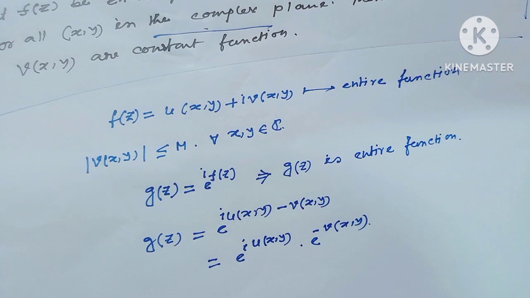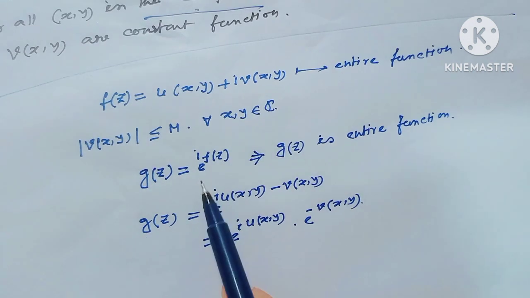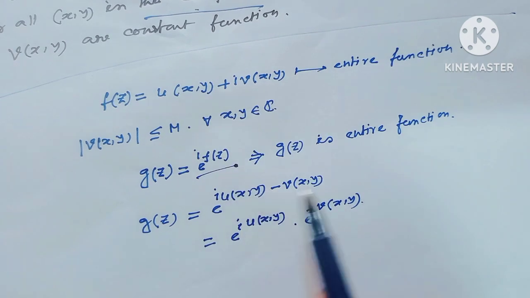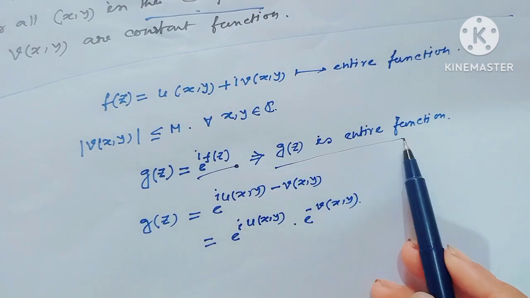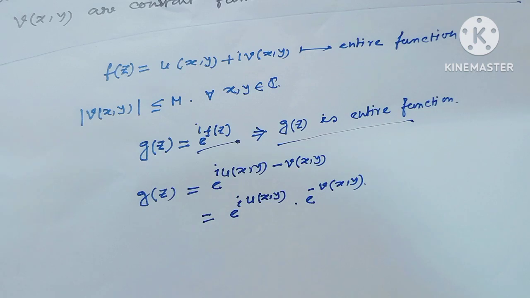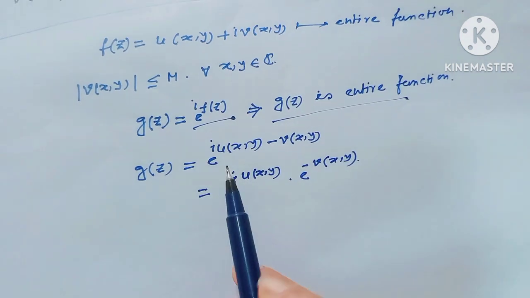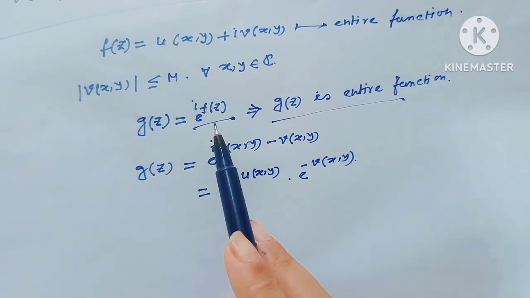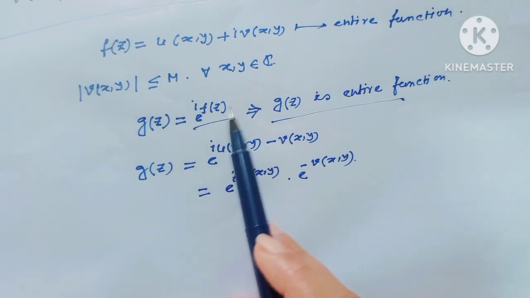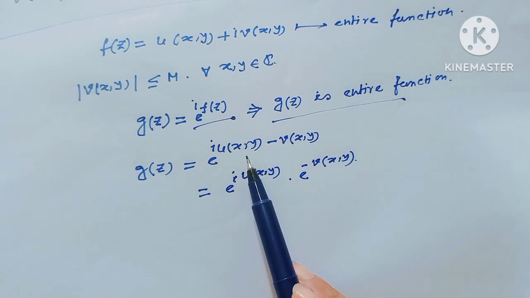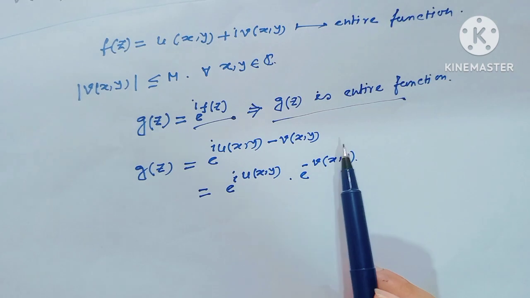Because if we consider e to the power i f(z), then obviously g(z) is an entire function, and g(z) means just putting the value of f(z), this value would be e to the power i u(x,y) minus v(x,y).